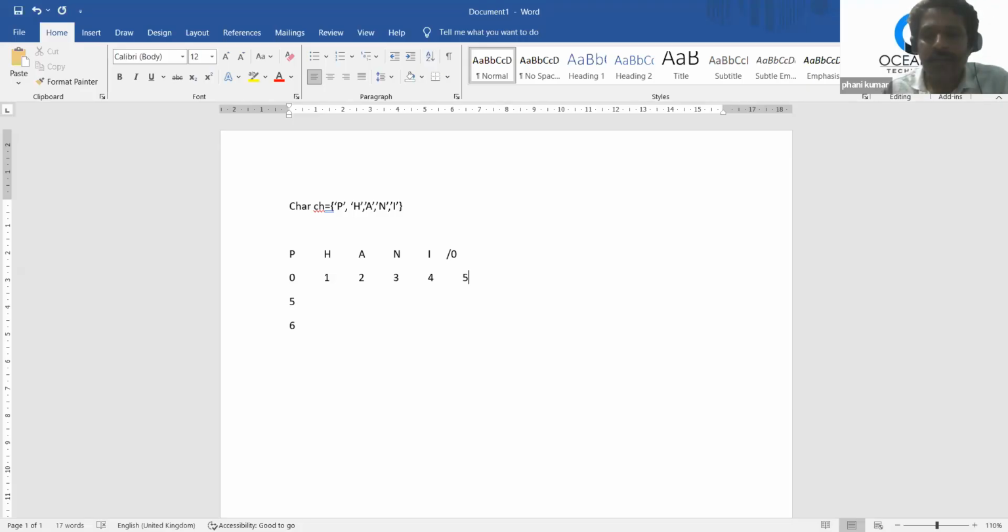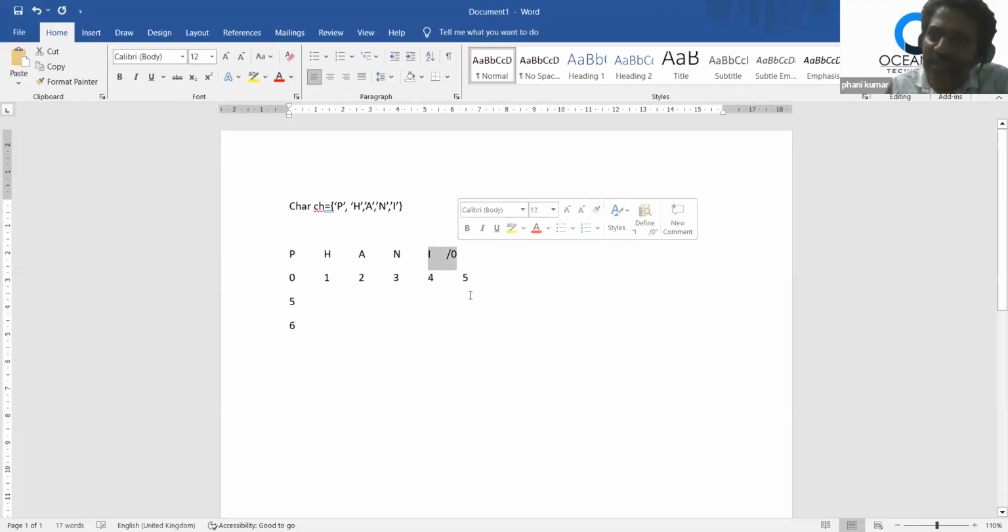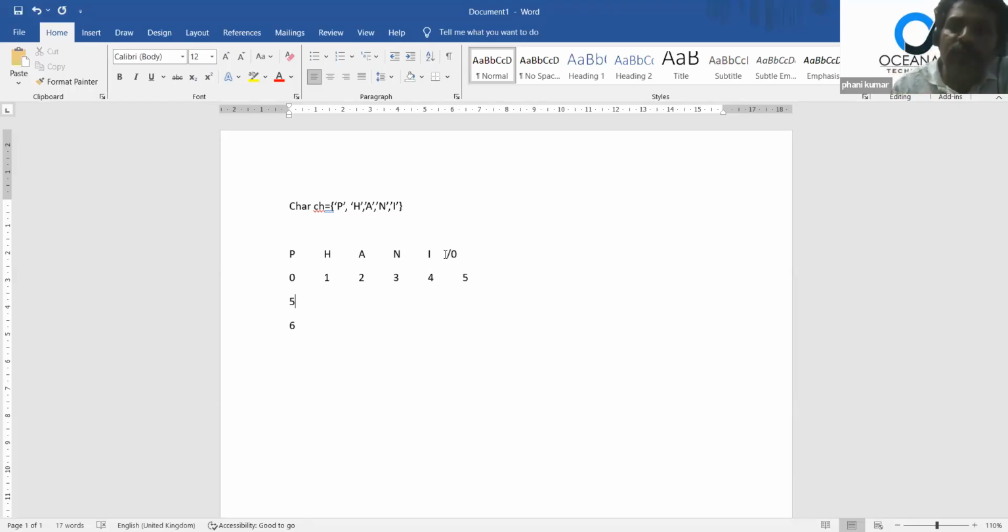But in C, it gives the length as 6 without informing the user. The array structure in C stores one additional character that is called the null character. The null character is entered in the array. It takes 1 byte of memory. I feel this 1 byte of memory is wasted memory.